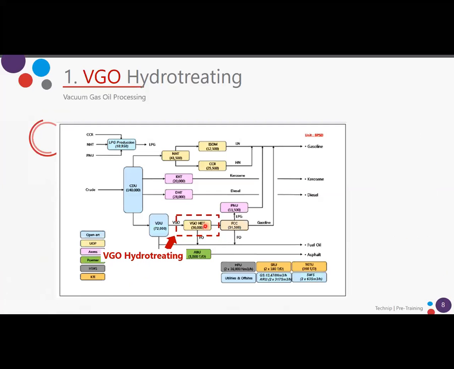You see here that we have the vacuum hydrotreating unit, and then a fluid catalytic cracking unit to produce gasoline. As you can see, the main purpose of this vacuum gas oil module is to recover products and to transform some of this stream to produce gasoline, which is one of the main products of the refinery.